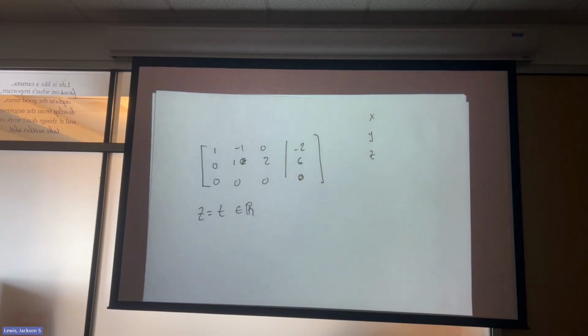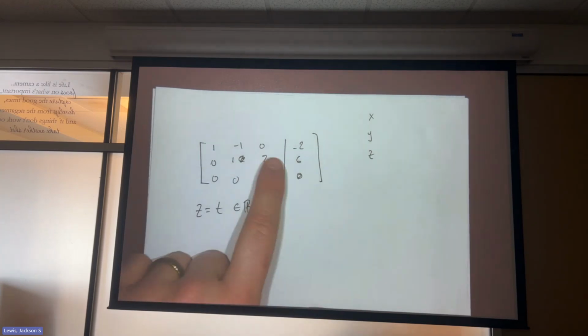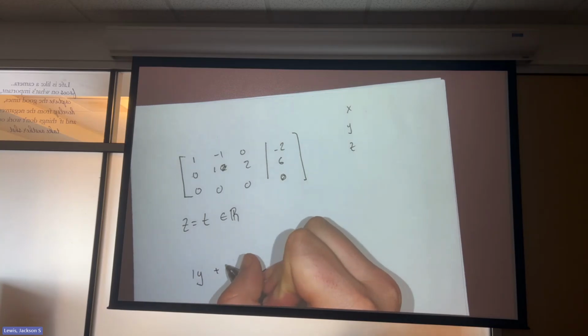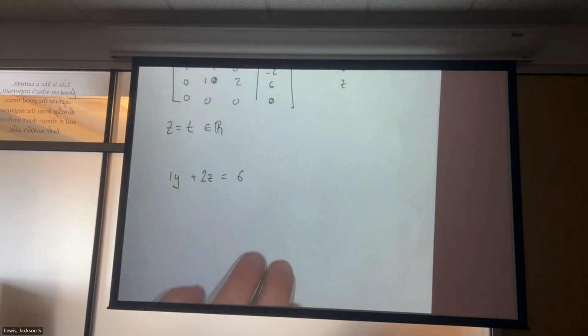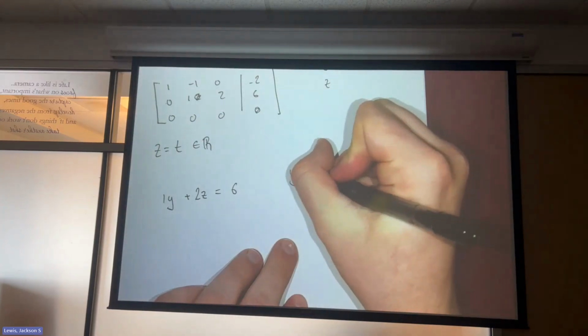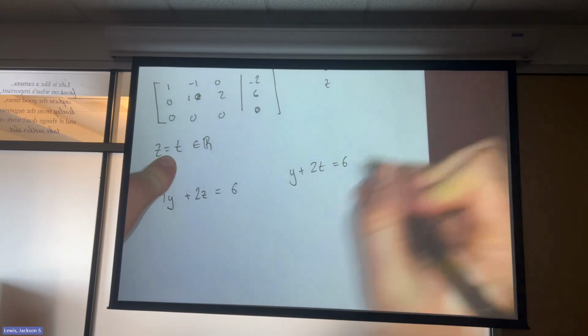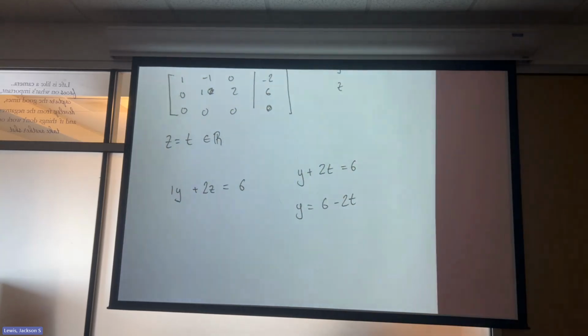And then all of my solutions, my x is going to be in terms of t, my y is going to be in terms of t. So I let z be t, and then my second line tells me that 1y plus 2z equals 6. So y plus 2t equals 6, or y equals 6 minus 2t.